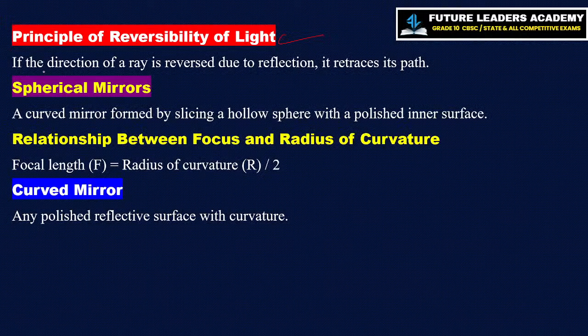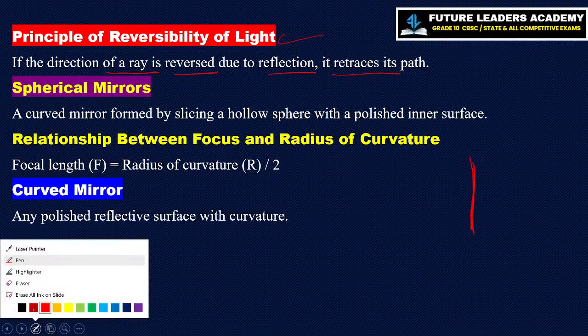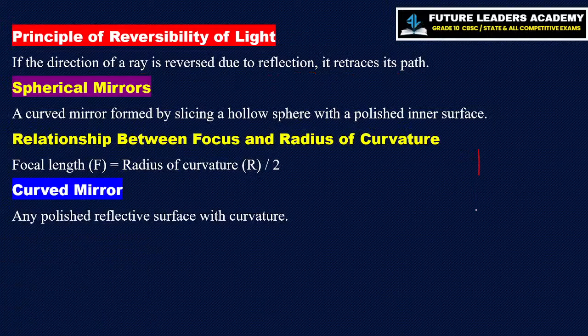If the direction of a light ray is reversed due to reflection, it retraces its path. What is the meaning of this? Let me clarify. For example, in a plane mirror, this is a straight line and a top ray.